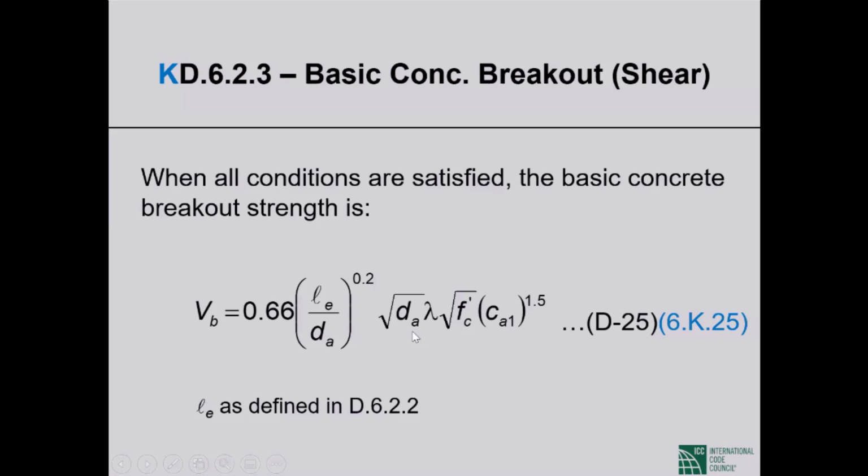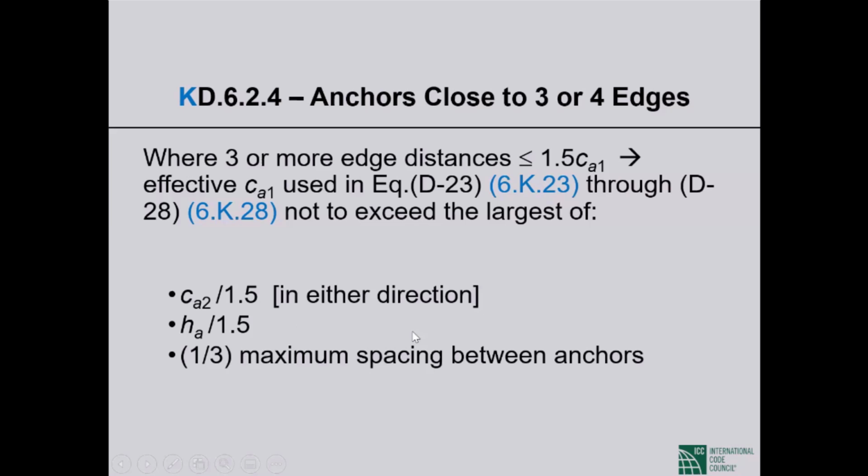Just as in tension, we consider the possibility that our anchor may be close to 3 or more edges, we have to consider the same possibility here, but here close to an edge would mean edge distance less than or equal to 1.5 times C sub A1, not embedment depth. C sub A1 is again the edge distance in the direction of shear.